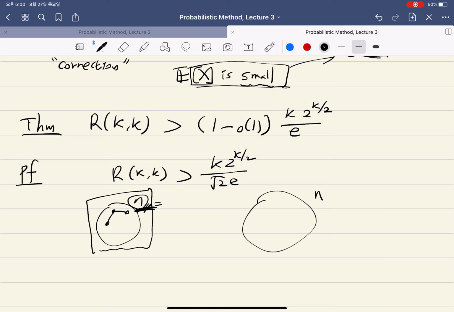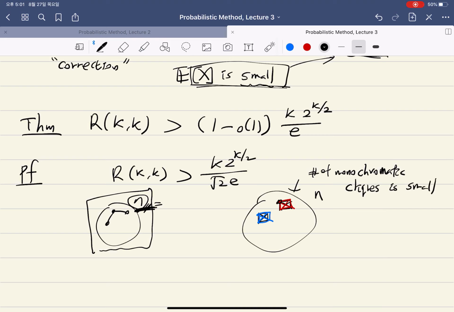So that means now the probability that we actually avoid all the monochromatic cliques may not be positive. So there could be some monochromatic cliques, but still, we can show that the number of monochromatic cliques is small.